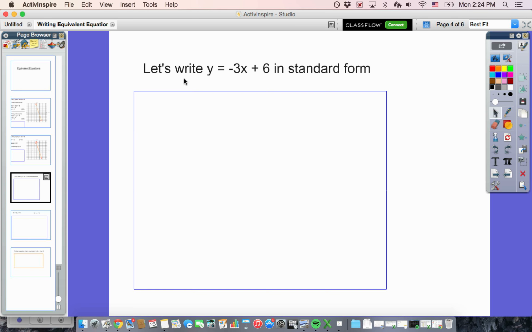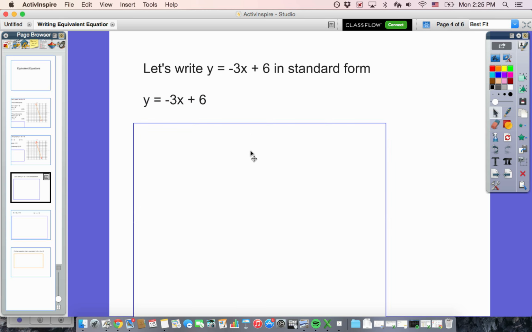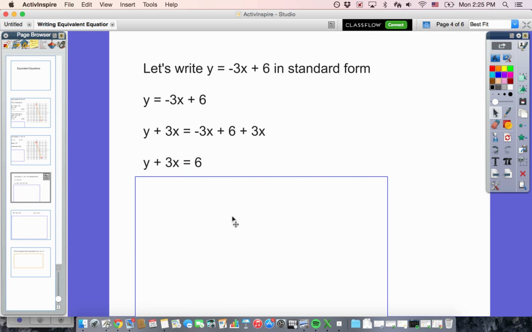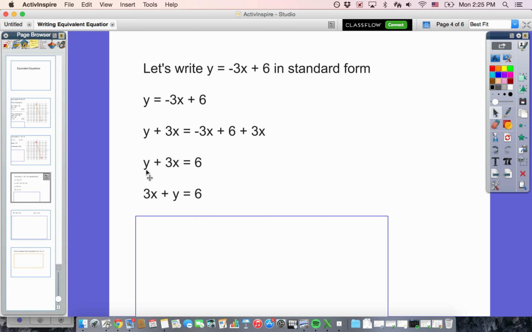So let's write y equals negative 3x plus 6 in standard form. We want the x and y on the same side, so we add 3x to both sides and get y plus 3x equals 6. If we use the commutative property to switch these around, we get 3x plus y equals 6.